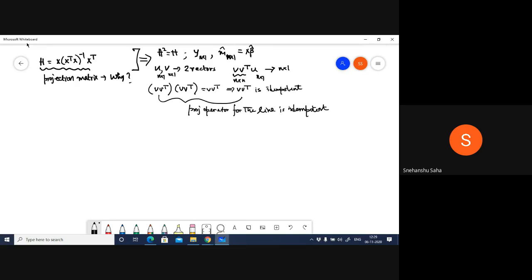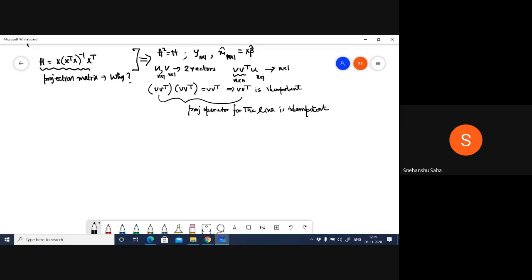You know that matrices are linear operators. So instead of calling this a projection operator, you can also call this a projection matrix, and nothing changes. So the idea is this, that once we have projected u onto the line, projecting its image onto the same line does not really change anything.